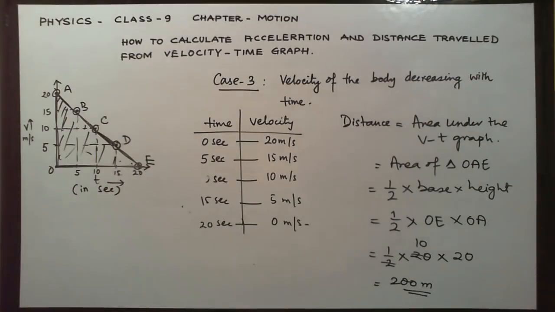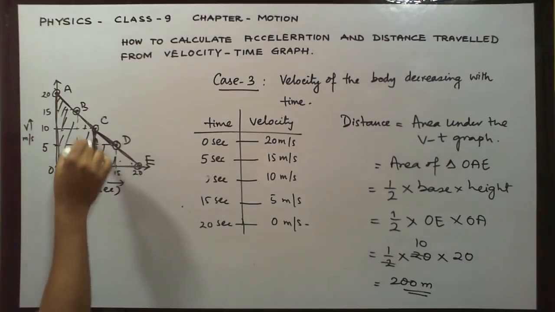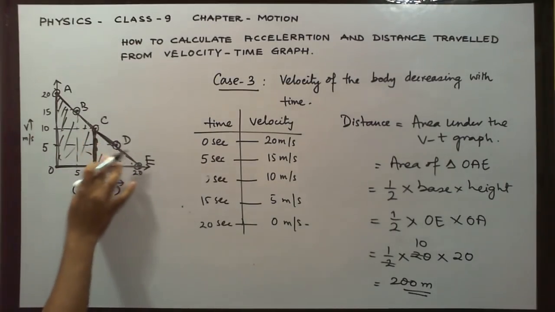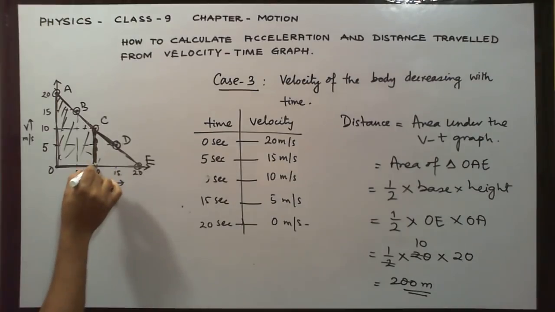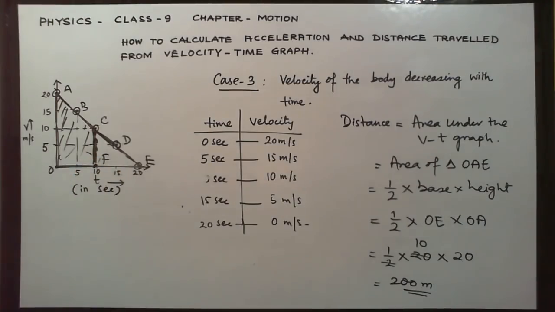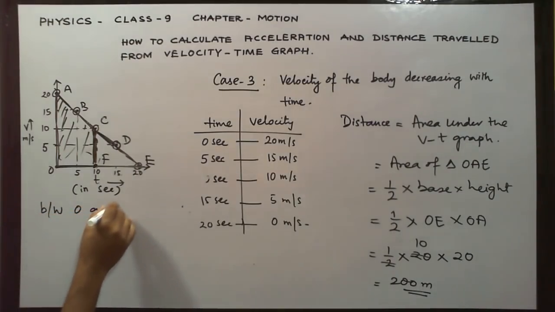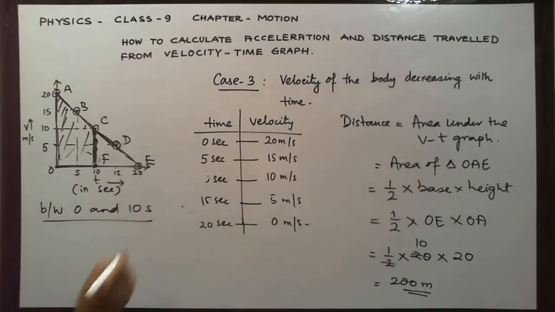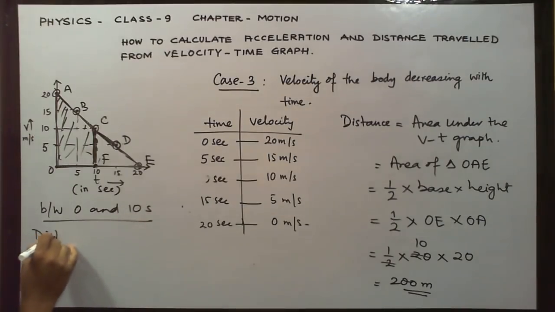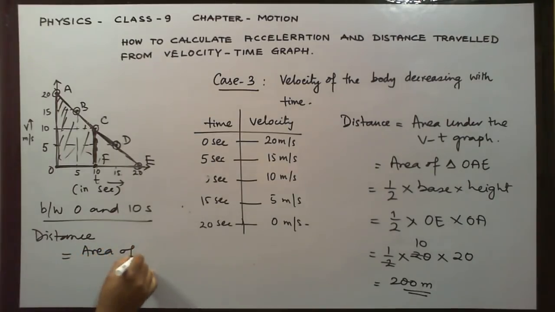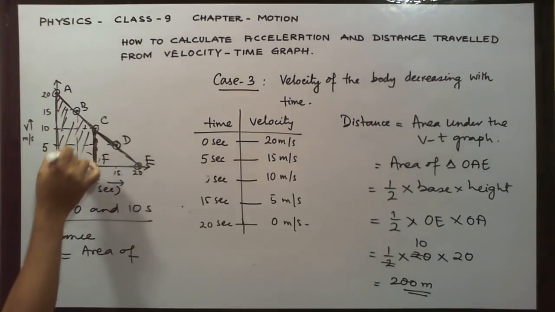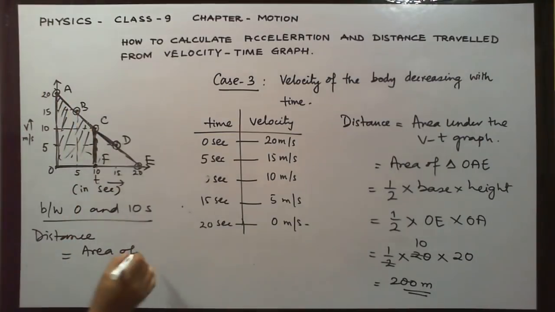If the question is to find the distance traveled between 0 and 10 seconds, let us say this is F. So between 0 and 10 seconds, distance would be equal to the area of, now here we can see a trapezium OFCA.